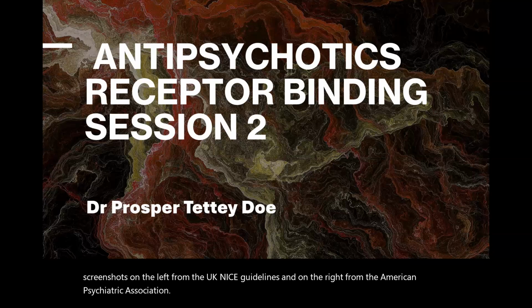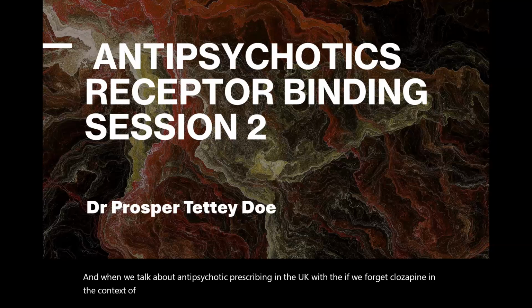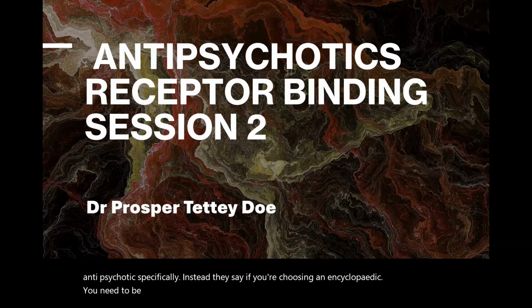And when we talk about antipsychotic prescribing in the UK, if we forget clozapine in the context of treatment resistance, what's interesting is that the NICE guidelines don't name any antipsychotic specifically. Instead, they say if you're choosing an antipsychotic, you need to be ideally having an informed discussion with your patient about the benefits of treatment, but also about the potential side effects of treatment.